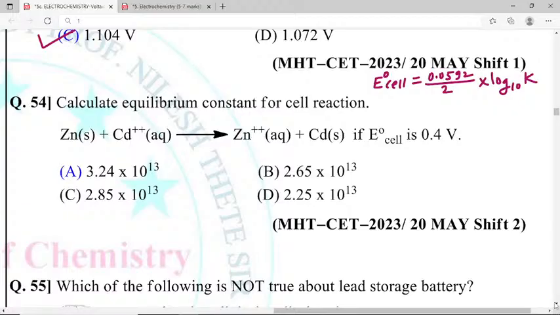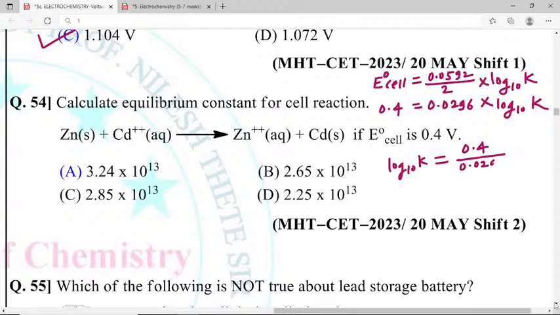E naught cell, value given 0.4. So 0.4 is equal to 0.0296, and this multiply by log to the base 10 of the K. So log to the base 10 of the K is equal to 0.4 divided by 0.0296.